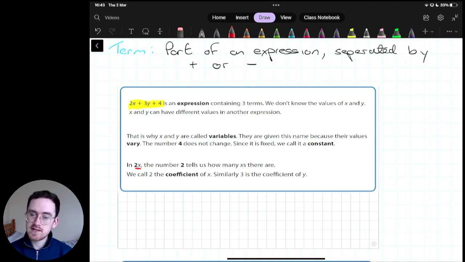So how many x's, we look at the number in front of it, and that number is called the coefficient. Okay, I know there are a lot of words here, but it's just important that you've heard them all. So the coefficient is the number in front of x, in front of the variable, and similarly then 3 is the coefficient of y, and it tells us how many of those letters we have. Okay, so we have 3 y's, we have 2 x's.